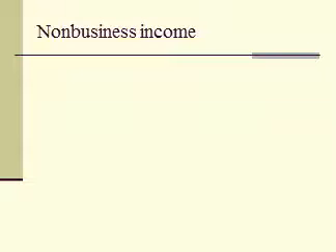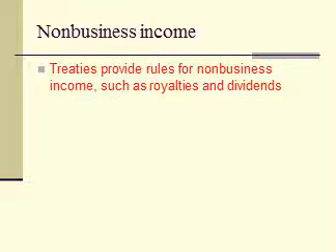Let's finish with a discussion of the taxation of non-business income. As discussed in the text at 11.07, most tax treaties address the taxation of certain non-business income. The most common are royalties and dividends.